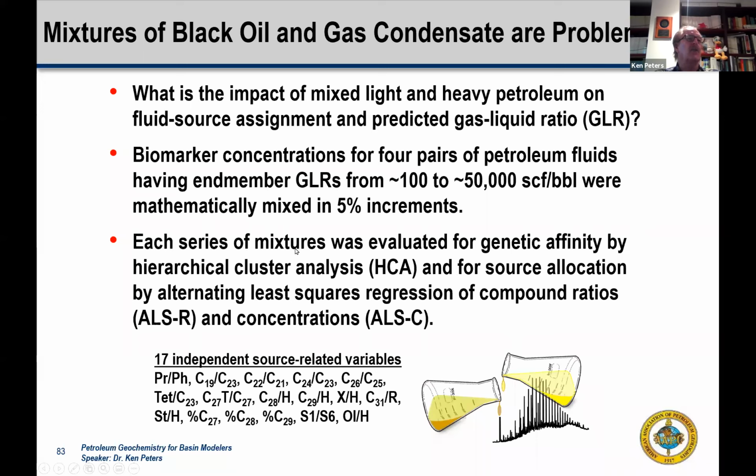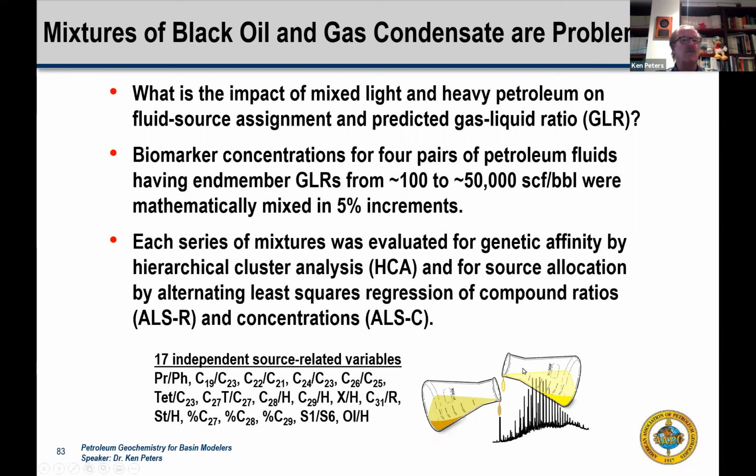Each series of mixtures, we got 4 pairs, was evaluated for genetic affinity by hierarchical cluster analysis, the standard sort of approach that I like to use, and for source allocation by alternating least squares regression of compound ratios, ALSR, and concentrations. We're going to contrast those two. Here are the 17 independent source-related variables that I used in this study.